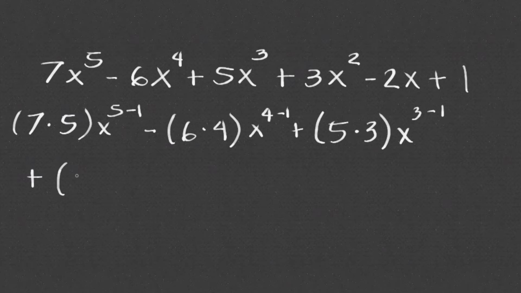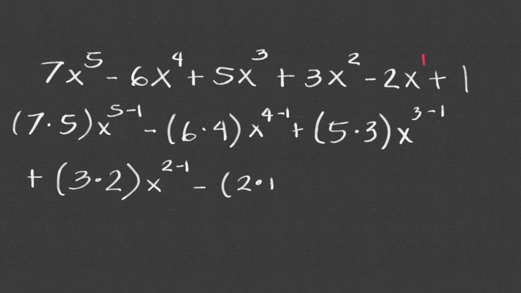Plus 3 times n, where n is 2, times x raised to 2 minus 1, minus 2 times n, where n is 1, times x raised to 1 minus 1. Remember, anything that is raised to 0 is 1. Plus, the derivative of 1 is 0.